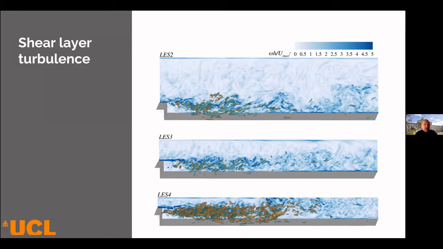And the difference in terms of the amount of turbulence between LES2 and LES3 is not very big. It's all concentrated near the step. But if you look at the most shallow case, you can see the most turbulence, and you can also kind of see in this area here that there is some interference with the water surface.